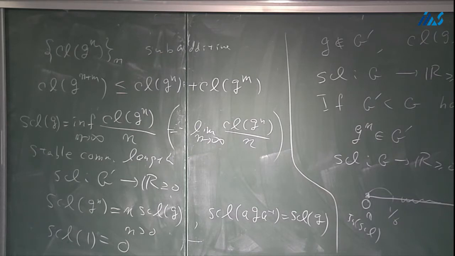It's more than that: there exists a constant C such that for any G in SL_n(Z), commutator length of G is at most C. So if you go to the limit dividing by n, of course it's going to be 0. This is a stronger statement, and this property is called uniformly perfect.